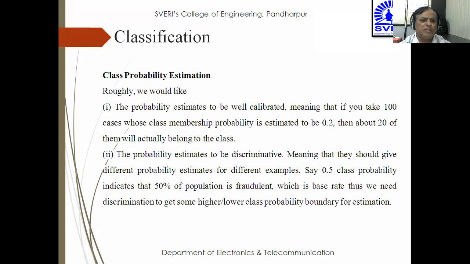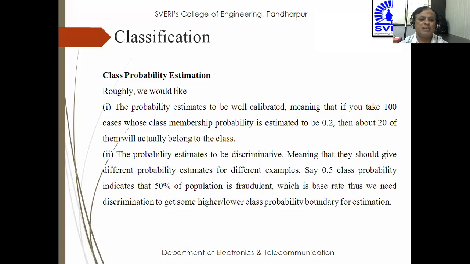The class probability estimation requires the probability estimates to be well calibrated, meaning if you have 100 cases whose class membership probability is estimated to be 0.2, then about 20 of them actually belong to the class. The probability estimates should also be discriminative, meaning they should give different probability estimates for different examples.